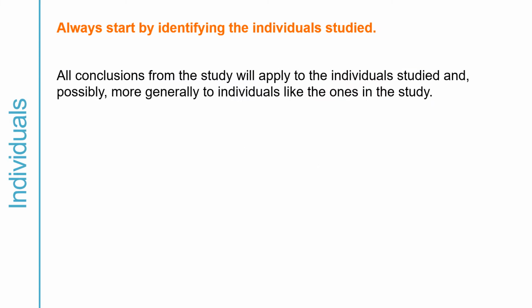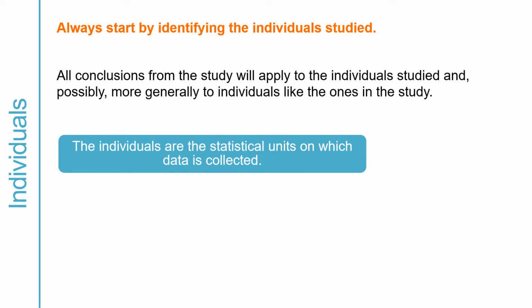We should always start by identifying the individuals in the study because the conclusions from the study will apply only to those individuals or individuals like them. Understand that the individuals are the statistical units on which data is collected, which is not the same as the groups of individuals for which summary data are reported.